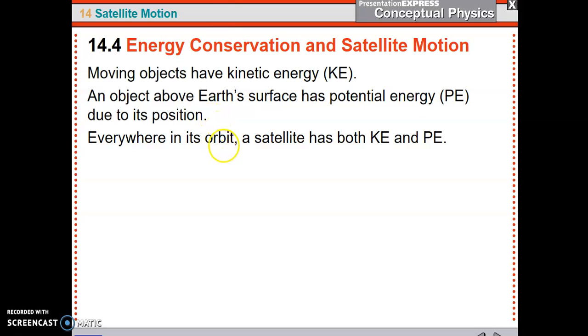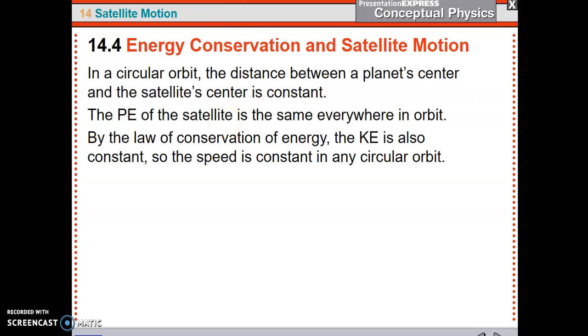So everywhere in an orbit, a satellite has both kinetic and potential energies. In a circular orbit, the distance between a planet's center and the satellite center is constant. So if the height's not changing, then the PE of the satellite is the same everywhere in orbit. And by law of conservation of energy, the kinetic energy is also constant.